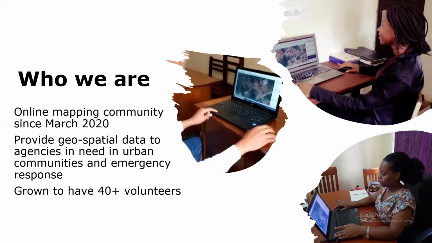The community was started with 5 volunteers, but now we have grown to more than 40 volunteers. So we use different platforms to get this spatial data, and we contribute, clean it, and then send it to data users.